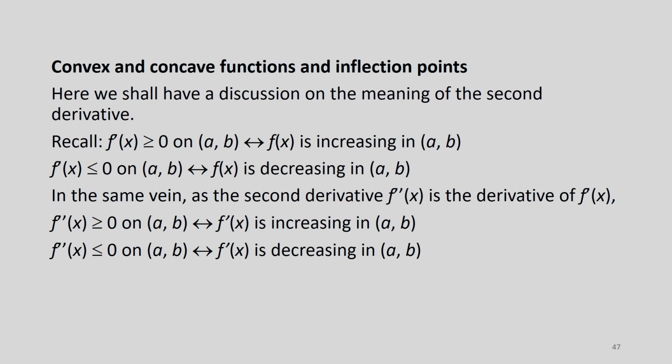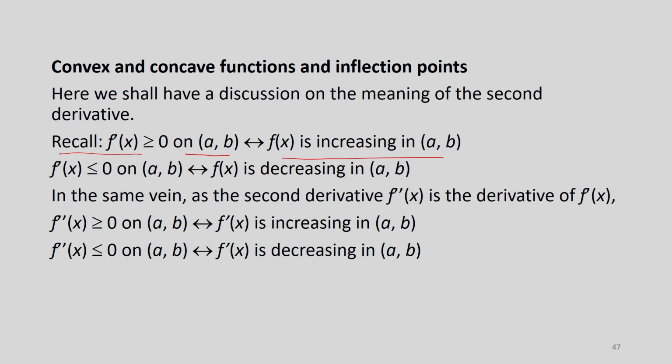Second derivative positive, what does it mean? Second derivative negative, what does it mean? Or if it is 0, then what does it mean? Recall f dash x greater than or equal to 0 on this interval a to b is equivalent to f of x increasing in a to b.